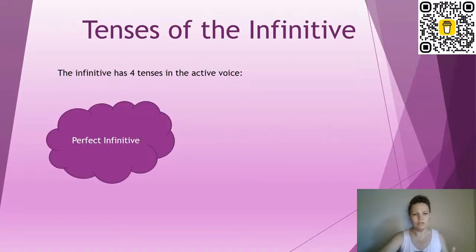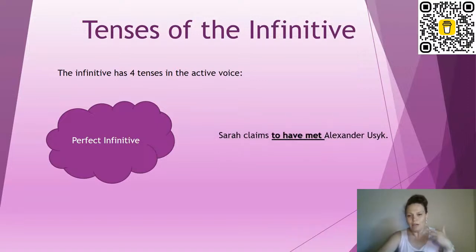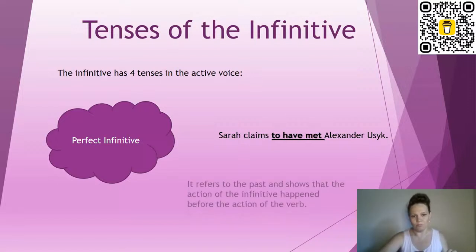The next one is perfect infinitive, my favorite one. Sarah claims to have met Alexander Usyk. So to have met, perfect infinitive. After claim, we use to infinitive, to have met. Have and the third form of the verb.